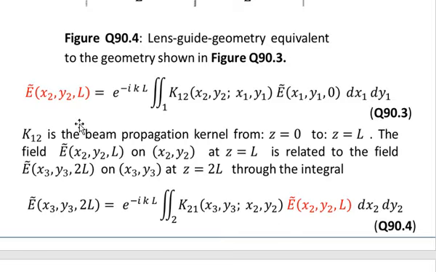and we have introduced. You see that when you substitute this value from equation number 3 in equation number 4, then of course you will get the field on the right hand side, which is E prime of x3 y3 2L. But that would contain the integral over the lens surface 1 and also the integral over the lens surface 2.